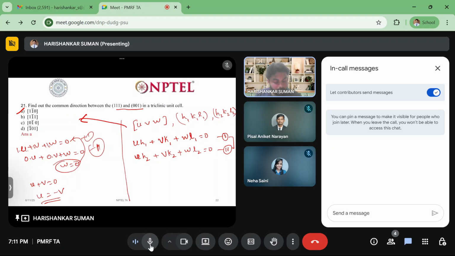Clear? Please see, and if you are getting it, then we will move on to the next question. Clear to you? If you have any doubt, let me know.